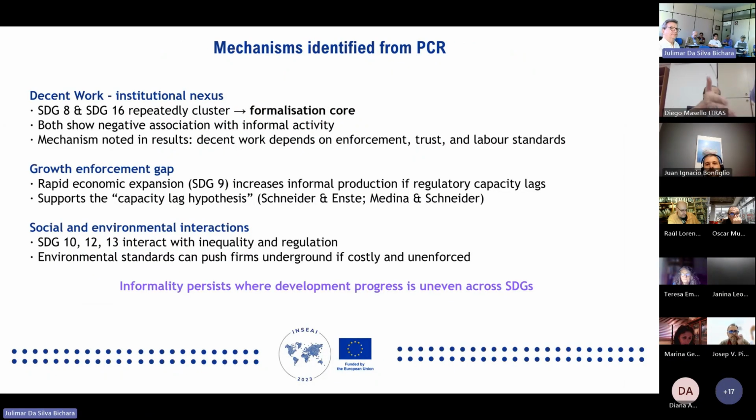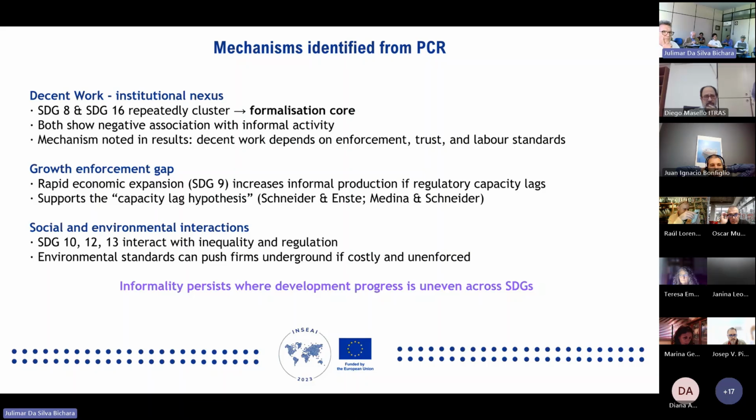So as a wrap up, in terms of mechanisms identified from the PCR results, decent work is basically an institutional nexus, and we can see that SDG 8 and SDG 16 cluster in a core formalization. Both show negative association with informal activity. So decent work depends on performance, trust, and labor standards.